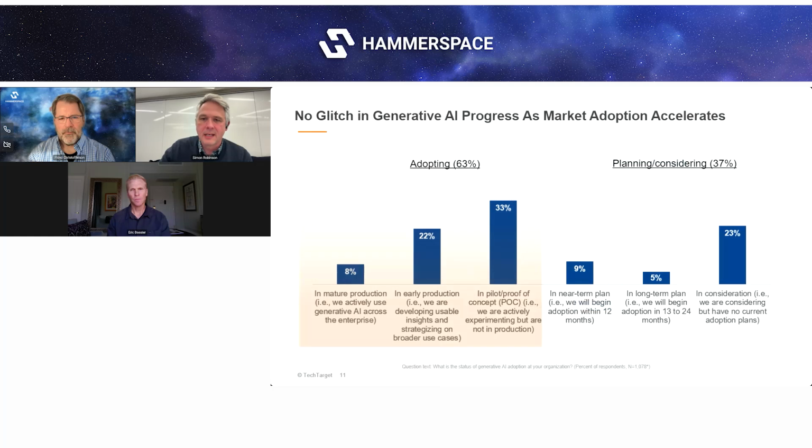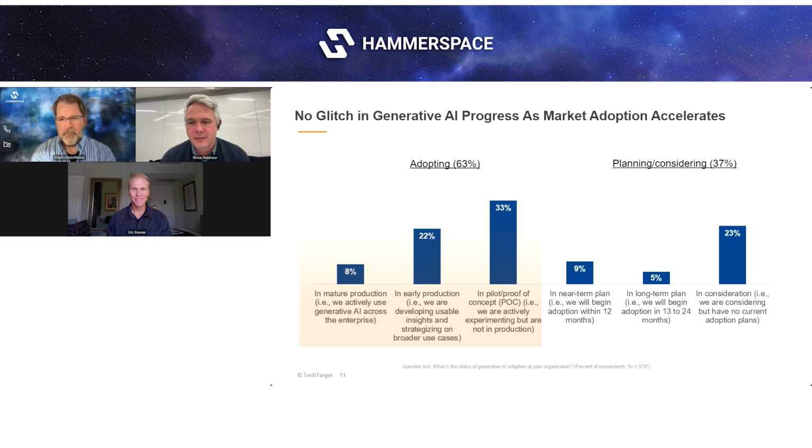Let's dig in a level deeper to get a sense of where organizations are on their Gen AI adoption journey. And we asked organizations to characterize their adoption plans. First thing to say is that no respondents to this survey said that they had no interest at all, right?